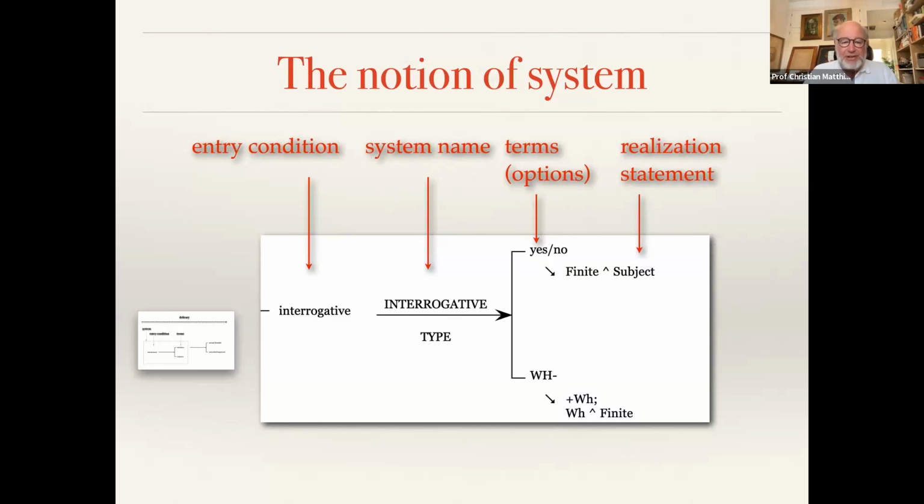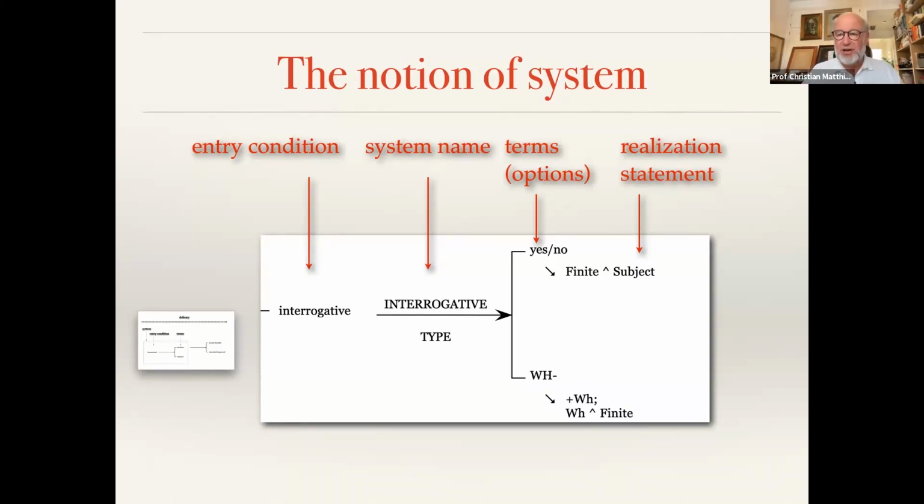Now, there is one more detail in this representation. You see the choice between yes-no and WH. So these are the choices in the construction of meanings through wordings in the grammar. But in addition, you have associated realization statements. What do these do? Well, here they specify fragments of the functional structure of the clause in this case, so the unit that the system network has as a domain.